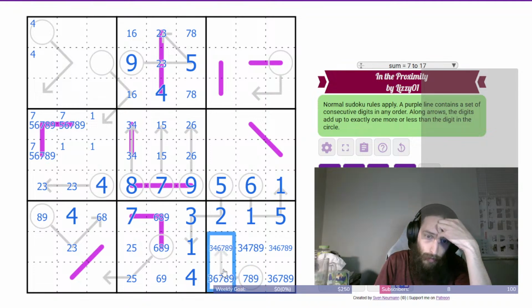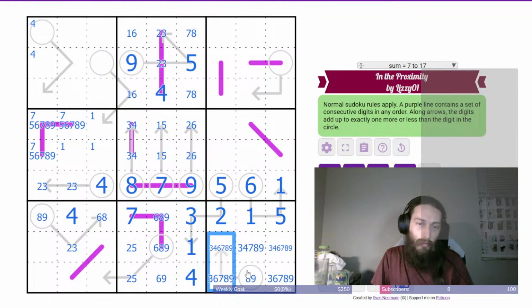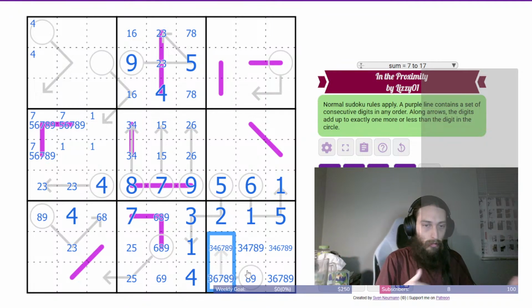And I don't think there's a way to make 8. No, there's not, in which case this can't be a 7. Because if it's minimum 7, then I can't go down to 6.